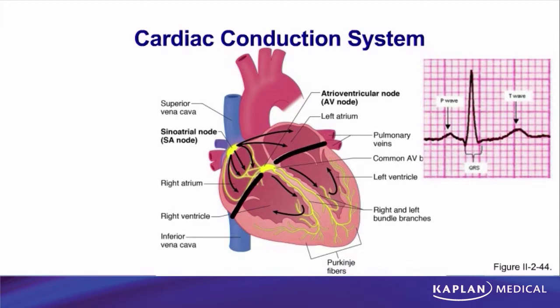Right? So sympathetic innervation can do that. Sympathetic innervation can tell the SA node to speed up. On the other hand, parasympathetic innervation can tell it to slow down. Similarly, sympathetic innervation can tell the AV node to shorten the PR interval. Parasympathetic innervation can tell it to lengthen the PR interval.